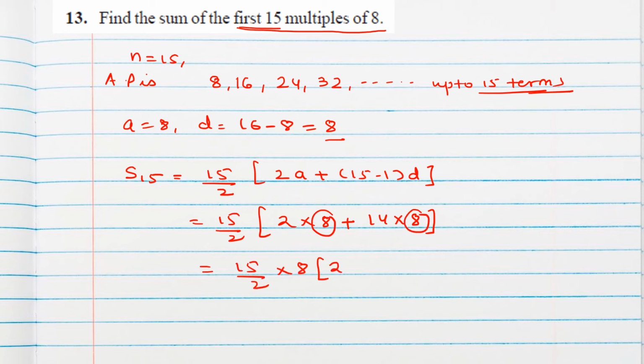So inside the bracket 2 plus 14 will be left. 60 into this we can multiply, sorry, add. So 16. Okay, now 16 6s are 96 and 1 0. So this is the answer for S15, sum of first 15 multiples of 8.